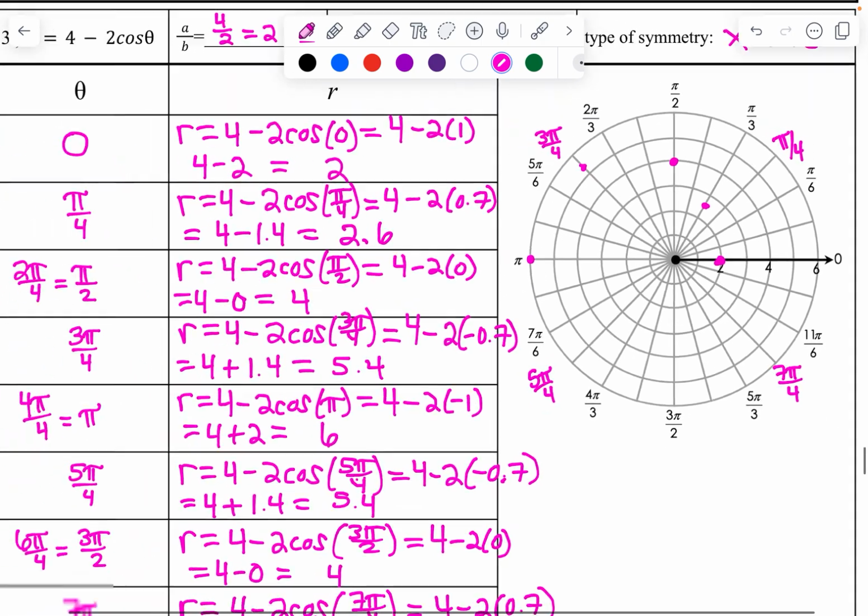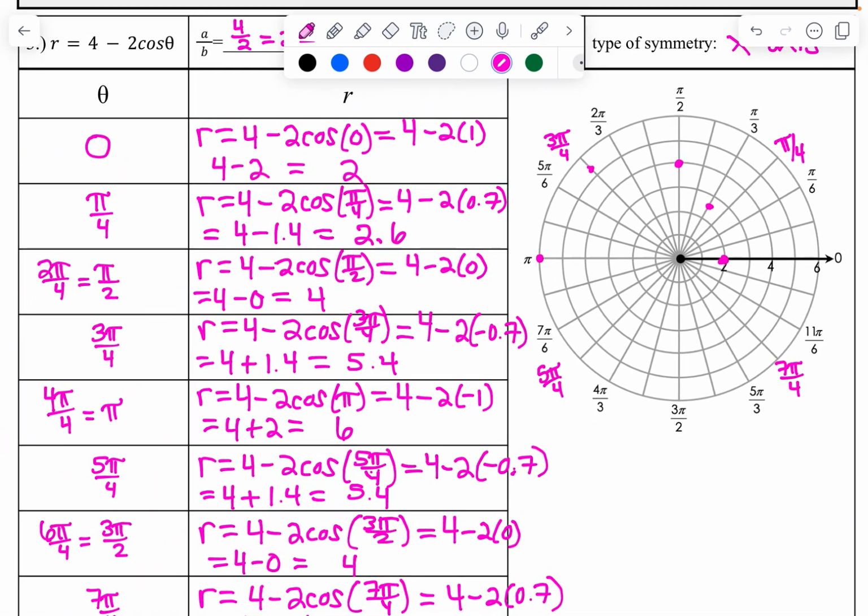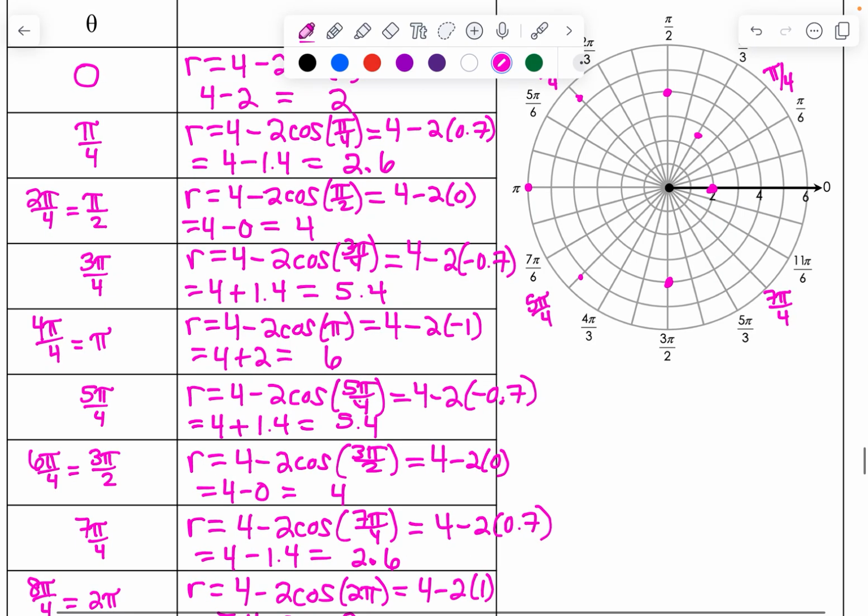And then we go back, so at 5 pi over 4, we're back at the 5.4. At 3 pi over 2, we're at 4 again. And then 2.6 at 7 pi over 4. And so here's that side that's almost straight across.